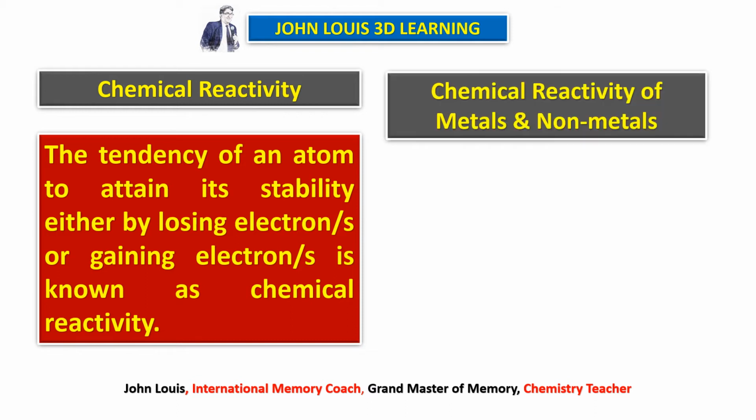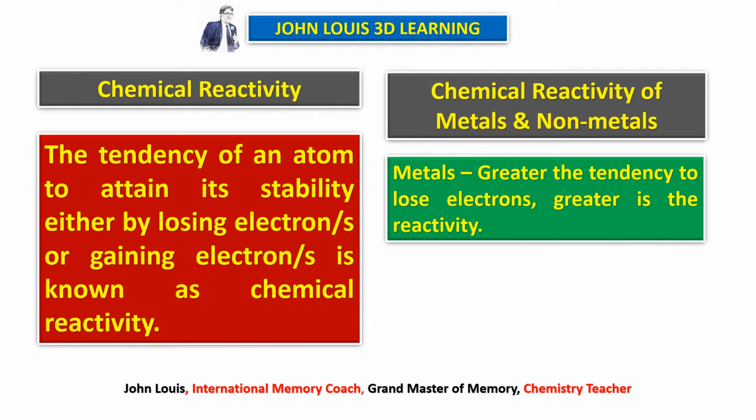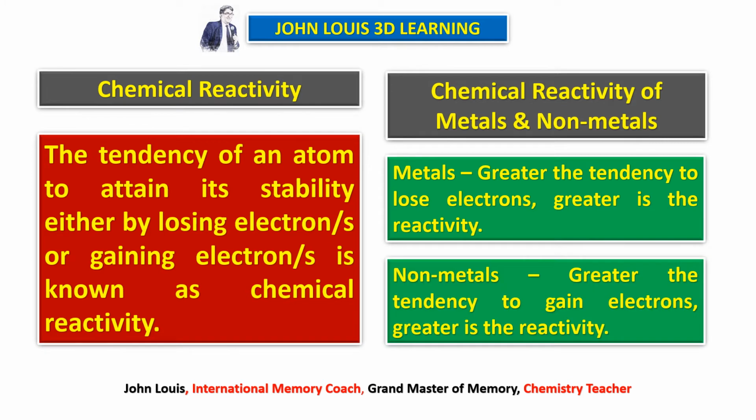Now let's see the chemical reactivity of metals and non-metals. In metals, the greater the tendency to lose electrons, the greater is the reactivity. Based on this only, we will be able to explain what will happen when we go down a group. Similarly, for non-metals, the greater the tendency to gain electrons, the greater is the reactivity.